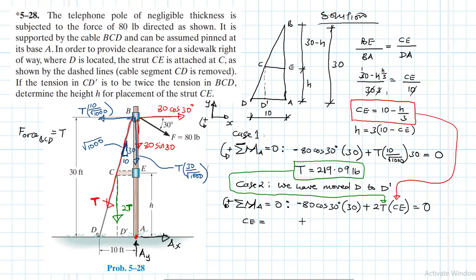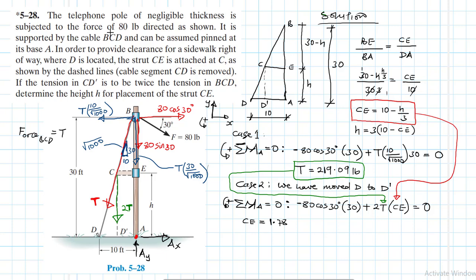That's 2 times 219.09. Yeah. So what we have, let me come back again. So we have 80 cos 30 times 30 divided by 2 times 219.09.